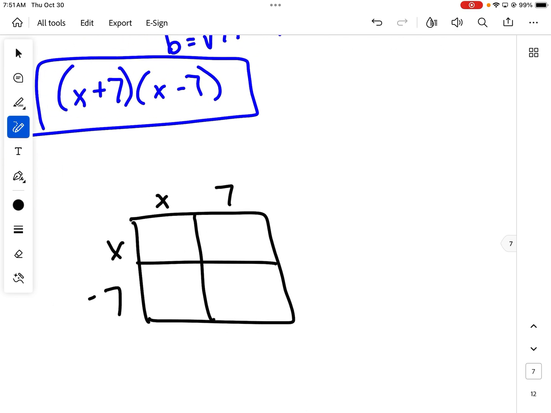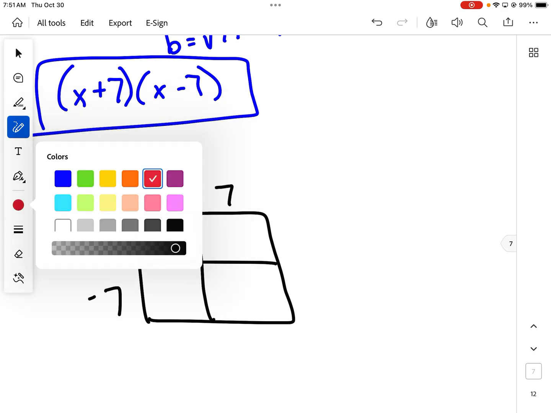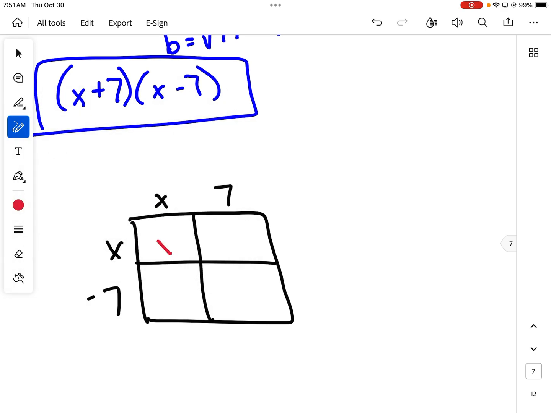So we're multiplying. So we do x times x is x squared. 7 times x is 7x. Negative 7 times x is negative 7x. And negative 7 times positive 7 is negative 49.